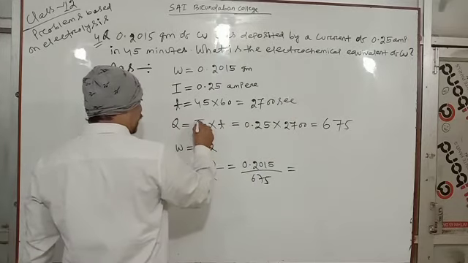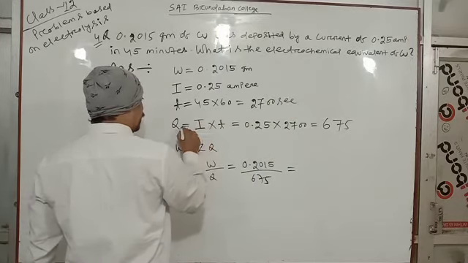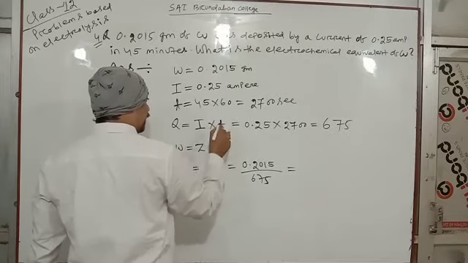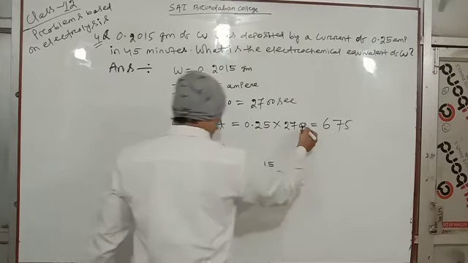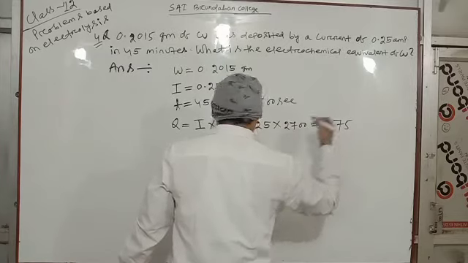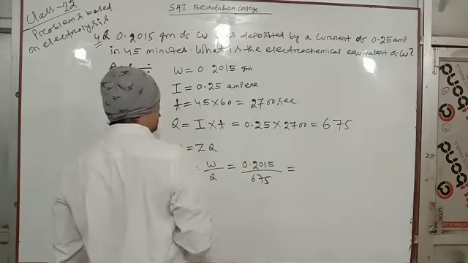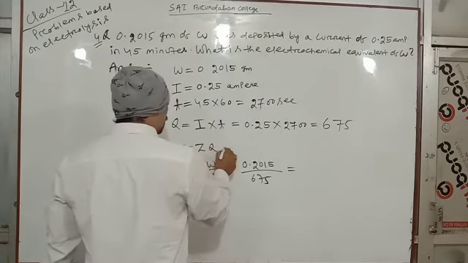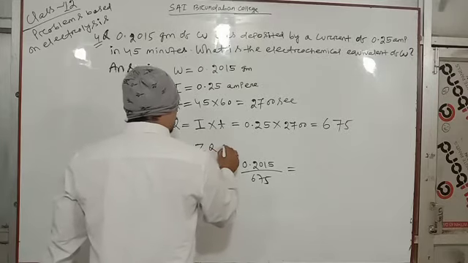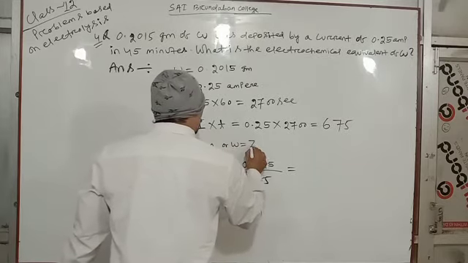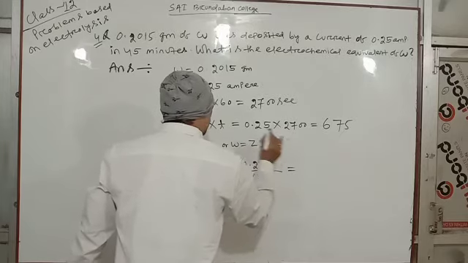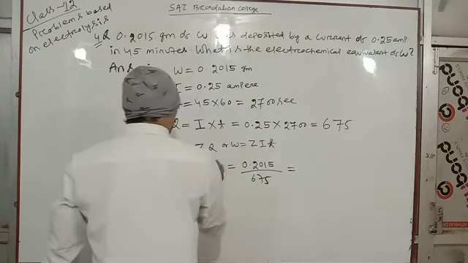Q equal to I into T, so 0.25 into 2700 gives 675 coulomb. So W equal to ZQ or ZIT, or Z equal to W by Q.